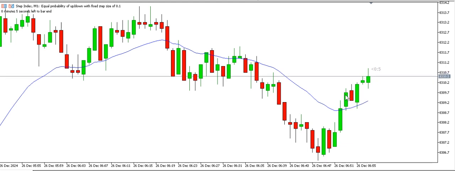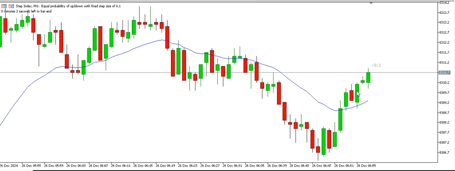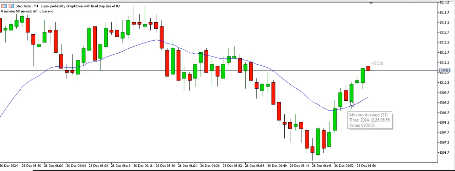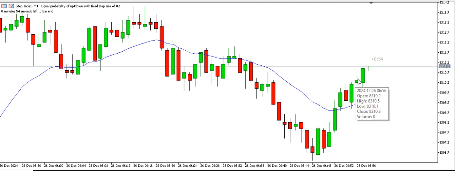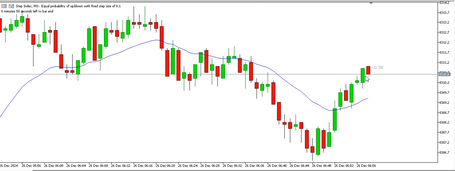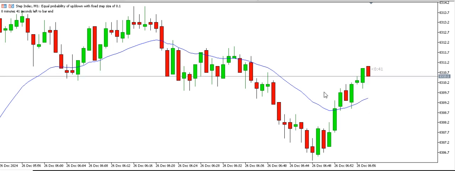I'm talking about the green candles. And on the 1 minute time frame, this is also not clear. It's testing or touching the 21 EMA. But this is clear, and this is another clear candle. Now I will expect another one somewhere around here for me to enter a trade.